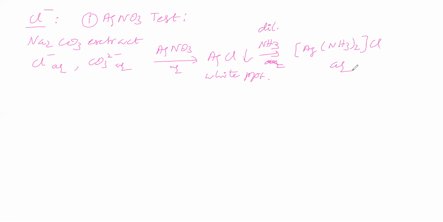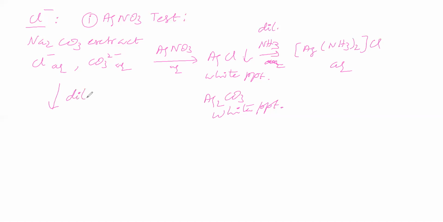Now what about carbonate? This carbonate in the sodium carbonate extract takes Ag plus from silver nitrate and becomes silver carbonate, which is also a white precipitate. So carbonate is interfering in the test. Therefore, before adding silver nitrate solution, we have to remove carbonate. So how to remove carbonate?